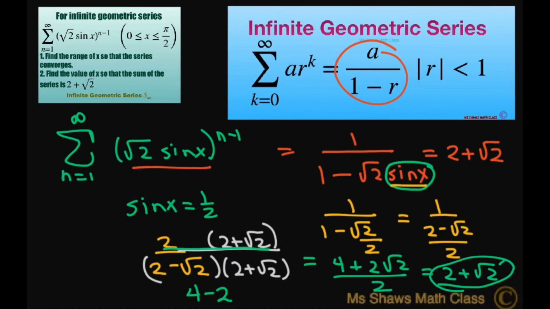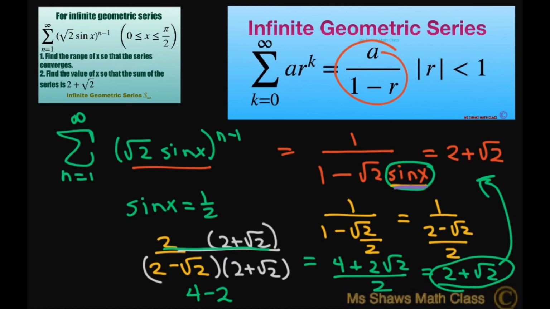Now, the way I did this was more mental because I noticed the conjugate thing going on here, but you could have also cross-multiplied and solved for sine of x as well.